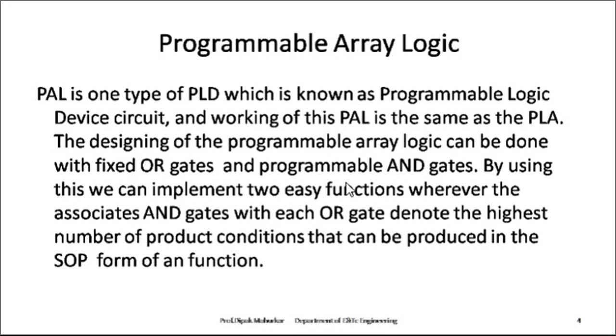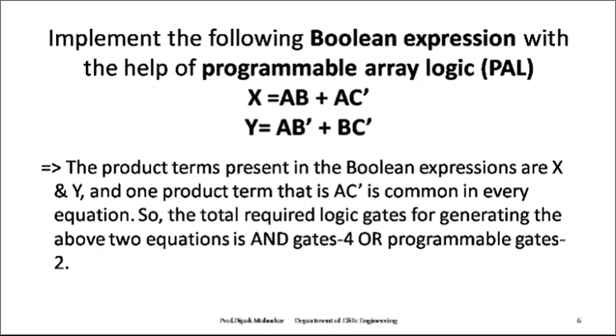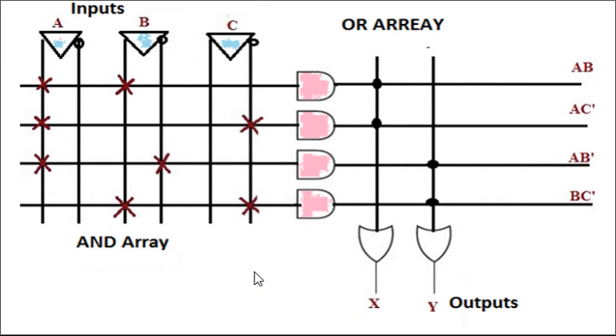OR is fixed and programmable is the AND, right? So here, the input array and OR gate. Afterwards we can extend this line, AB, AC dash, AB dash, BC, like this you can mark.